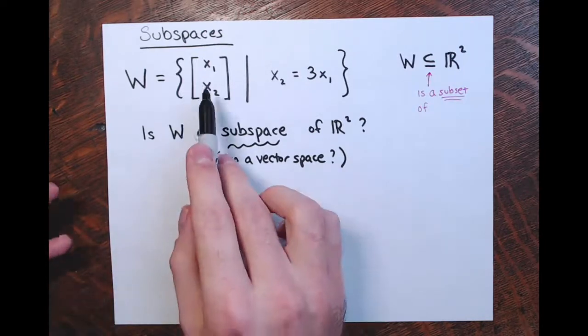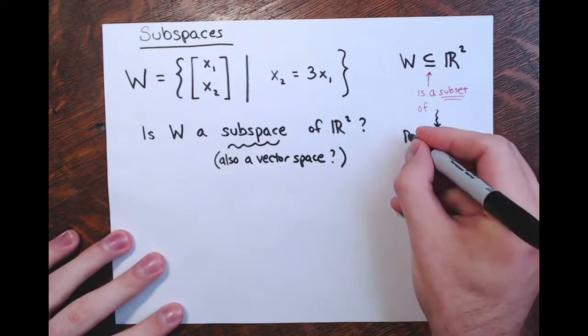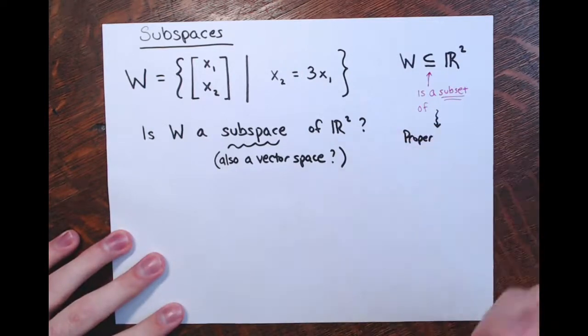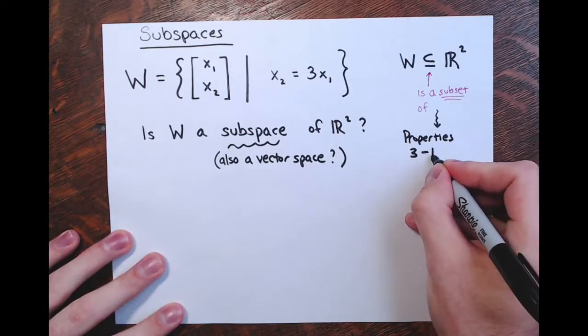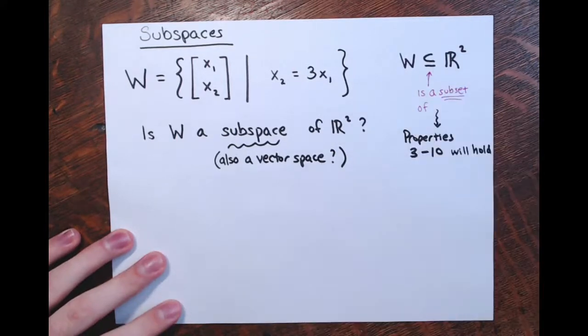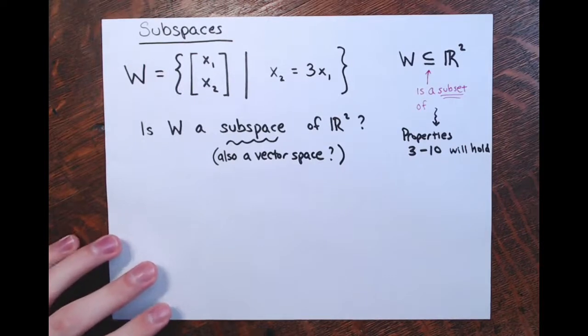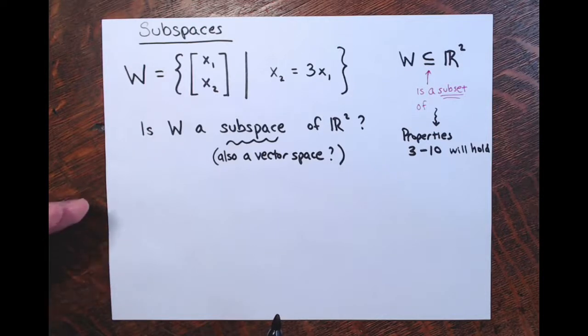Because these vectors are vectors from R2, properties 3 through 10 will automatically hold, because we know R2 is a vector space. So any vectors from R2 will satisfy the commutative property through the distributive properties that I've shown you. The only ones we don't know hold are the closure properties.